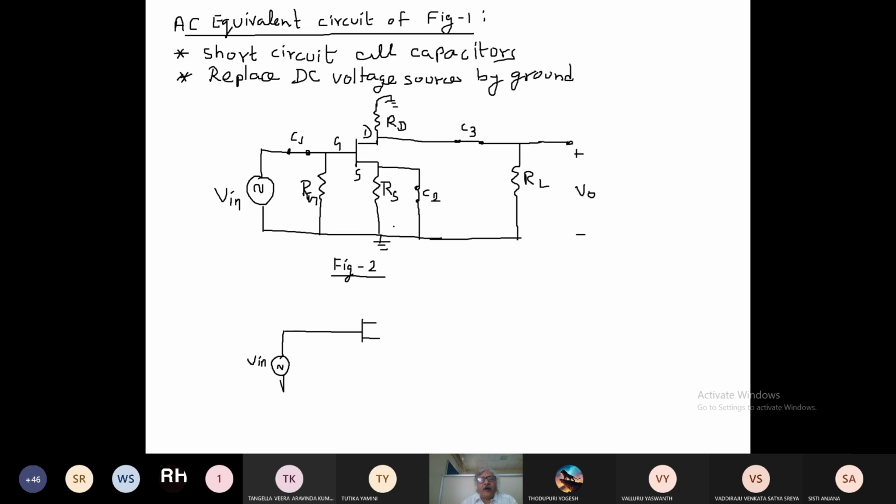Now you see this RS and this capacitor C2, which is short. If there is a short circuit across any capacitor, then you can remove that capacitor. So directly we will connect this. We will make it short here. Okay.